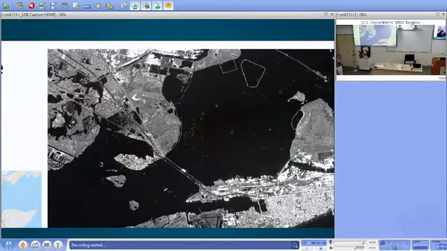Right. That's a point. The double bounce is there, but the result of the double bounce doesn't go in the right direction. Why? Because of the orientation.